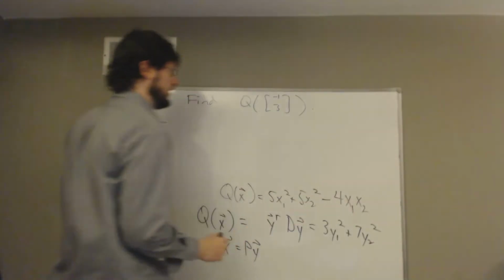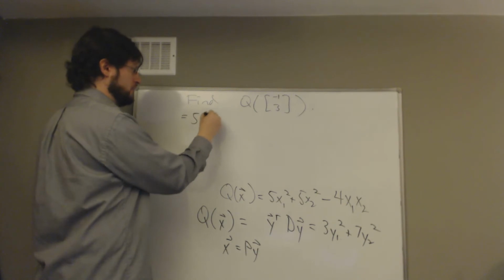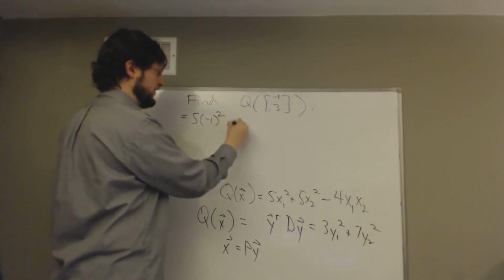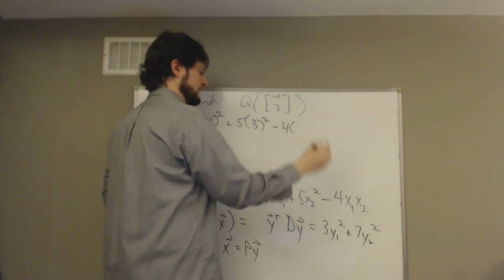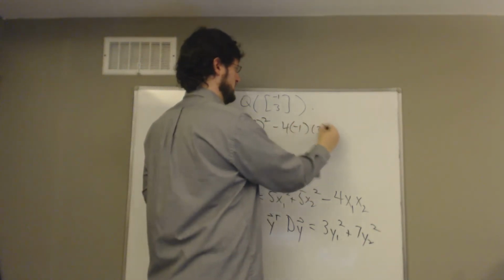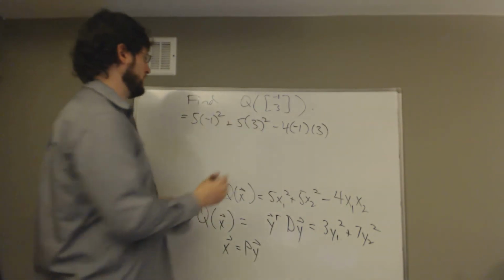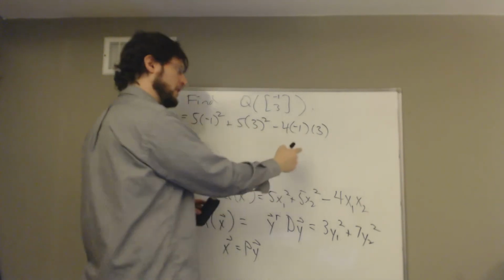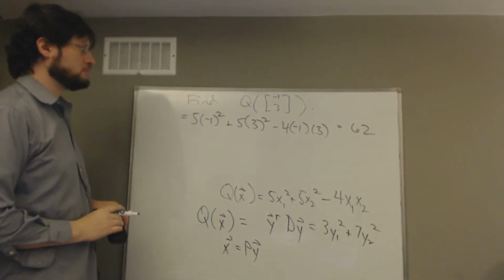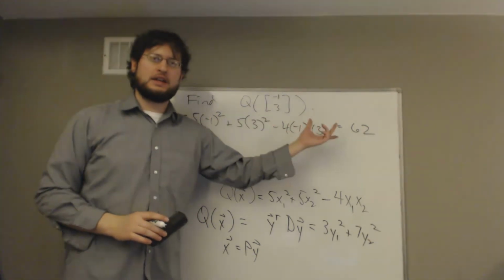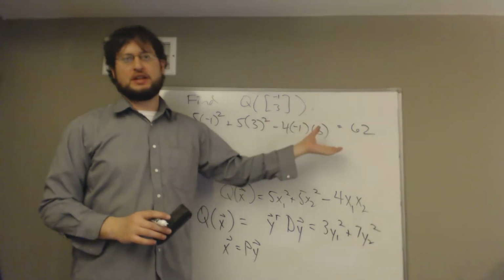We'll first plug it right into here, and what do we get? 5 times x1 squared plus 5 times x2 squared minus 4 times x1x2, which is 5 plus 45, which is 50, plus 12, which is 62. All right, and that's not so bad. In these small dimensional cases, a 2 by 2 matrix, this is pretty easy to do.